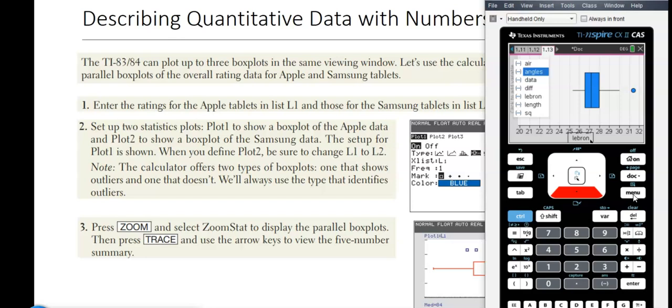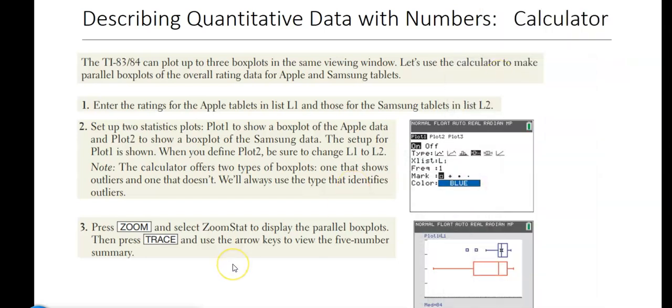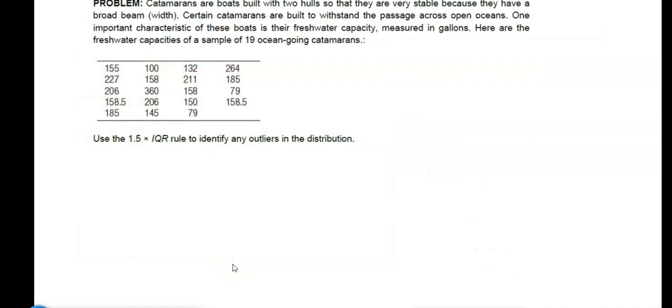This is not going to make any sense, but I'm going to add angles, and it'll draw a parallel box plot with both those guys. It doesn't make sense to do parallel box plots with this data, but you still get the idea. Okay, you're done with the lesson. Just a few more sample problems if you want to practice here.